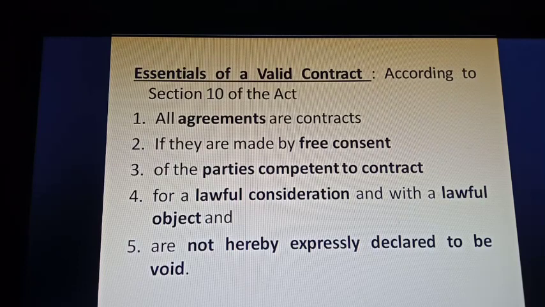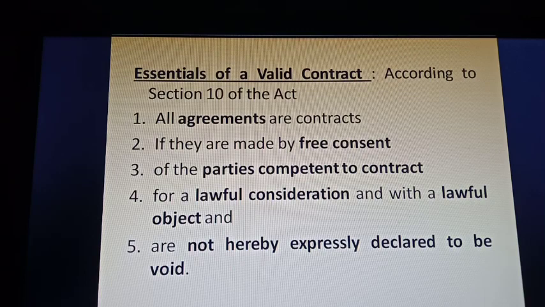And it is most important that the agreement should not be declared void under the provisions of the Indian Contract Act 1872, because if it is expressly declared void under the conditions mentioned in various sections of this Act, then that agreement, even though it fulfills all the other conditions, will remain void.